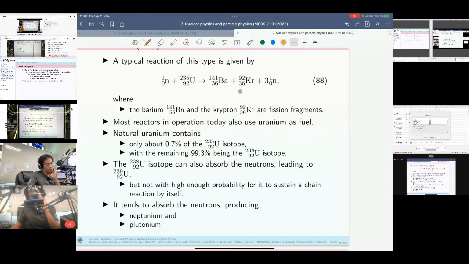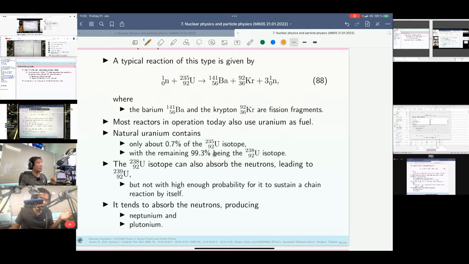The uranium-238, which is the major isotope of uranium, tends to absorb the neutron, but it doesn't stay uranium anymore. It turns to be neptunium. Where is that neptunium?